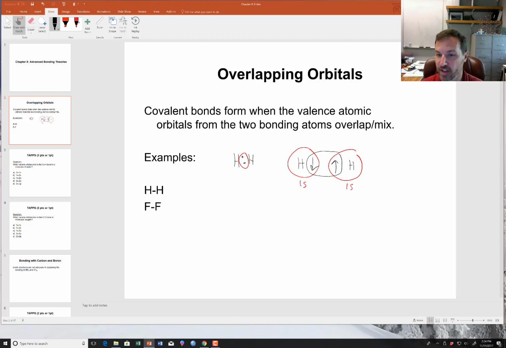So it's overlapping 1s orbitals in this hydrogen molecule that allows the electrons to pair up. And now this electron density becomes distributed throughout the molecule.